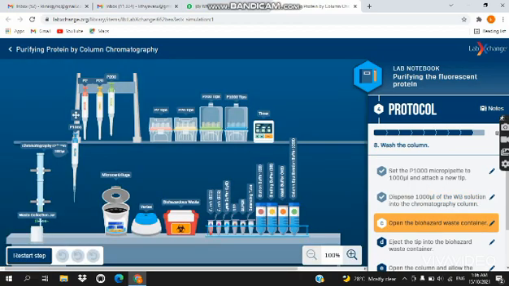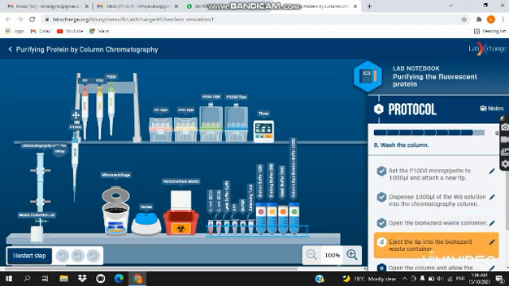And then open the biohazard container and eject the tips.